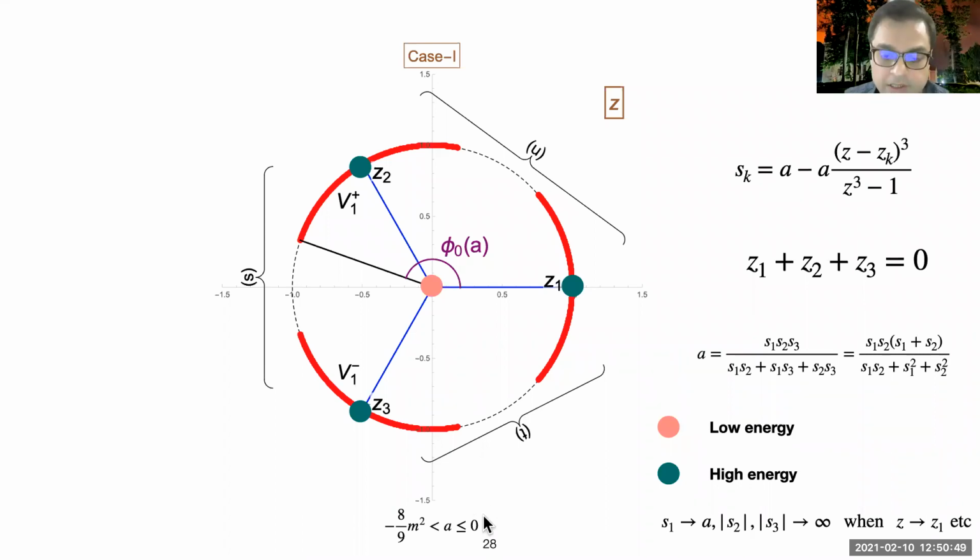The viewpoint that we are taking is that we are going to work in a region of A which allows for the partial wave sum to converge. As you can see, A equal to 0 is in this allowed region, and we are going to get interesting constraints by expanding around A equal to 0. I see. Okay, thank you.